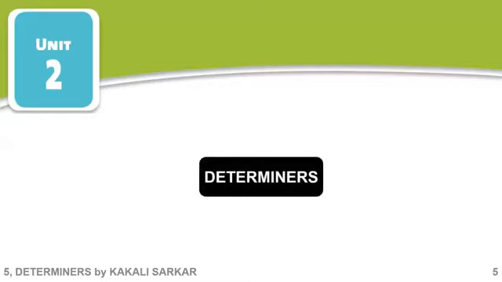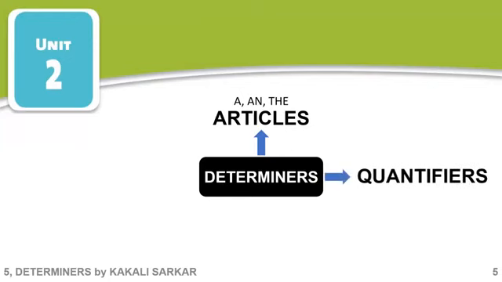Now, there are four kinds of determiners. Number one, articles. Articles are a and the. Number two, quantifiers.